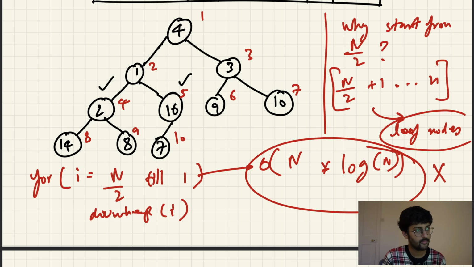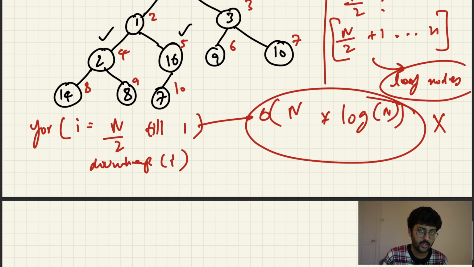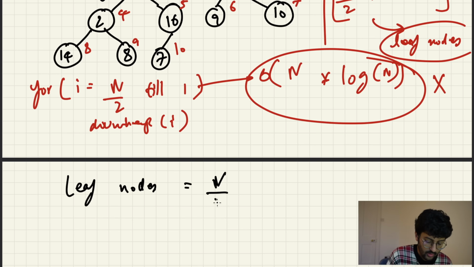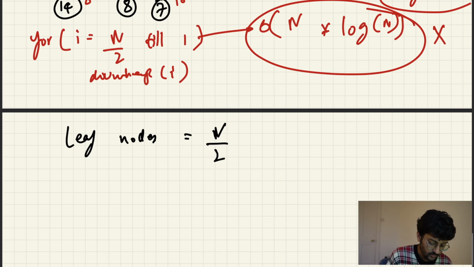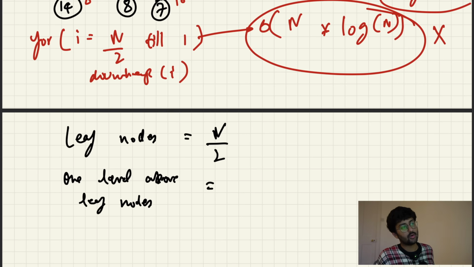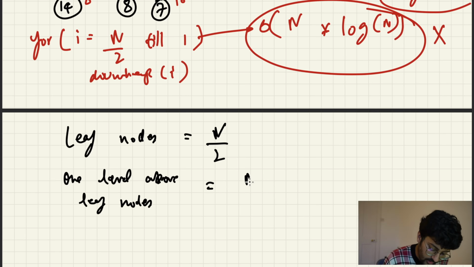If the leaf nodes are n by 2, then one level above the leaf nodes, the count is the number of leaf nodes divided by 2. That's the property of a complete binary tree. So n by 4.